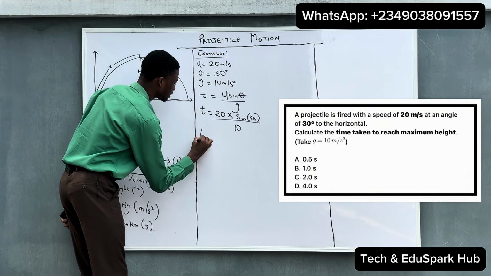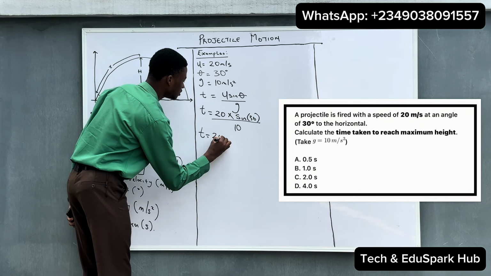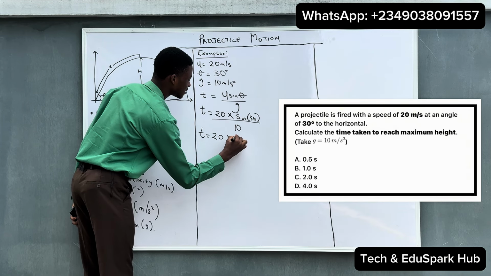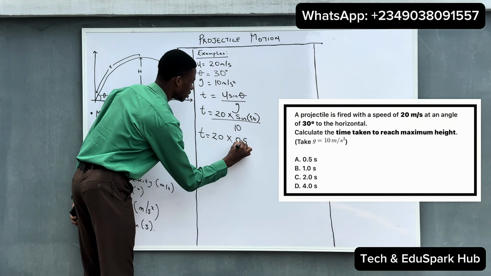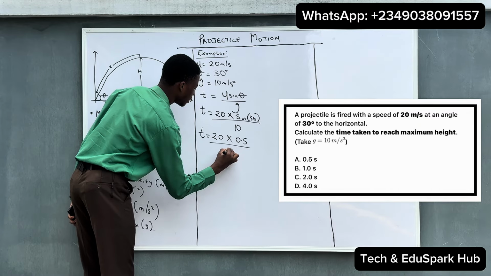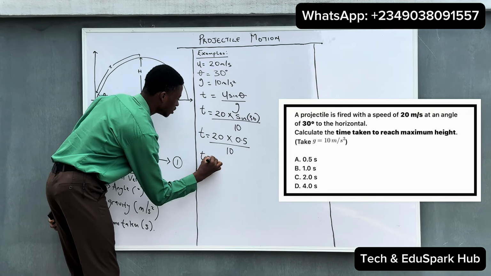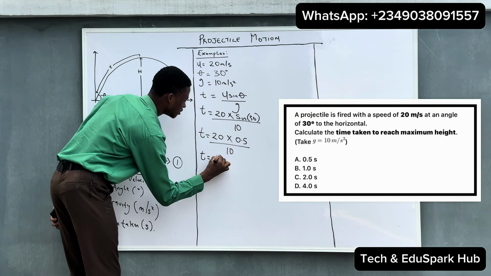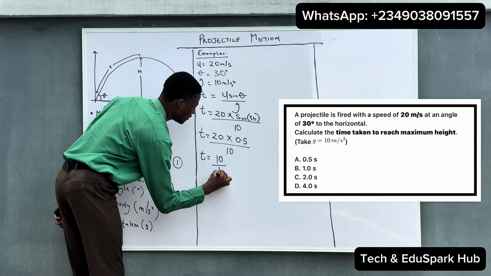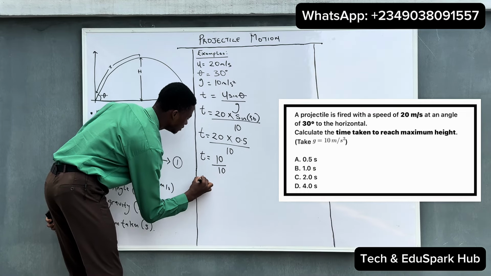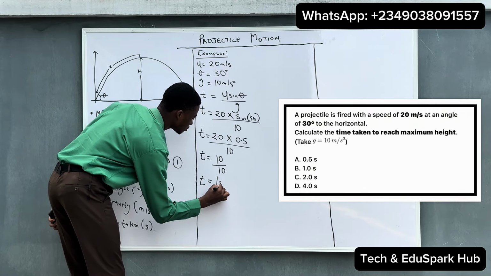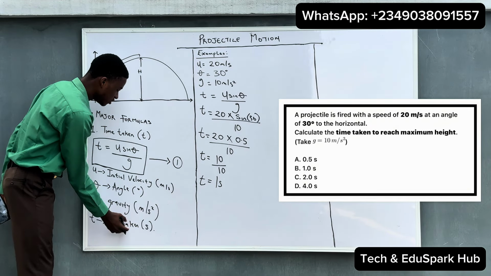Sine 30 is 0.5, so t equals 20 times 0.5 divided by 10. 20 times 0.5 gives 10, so t equals 10 divided by 10. When you divide this, we have t equals 1 second. Always note the SI unit for t.